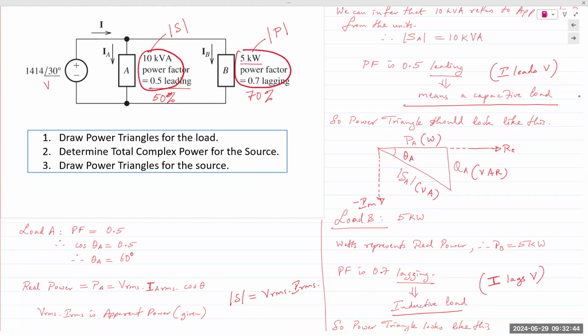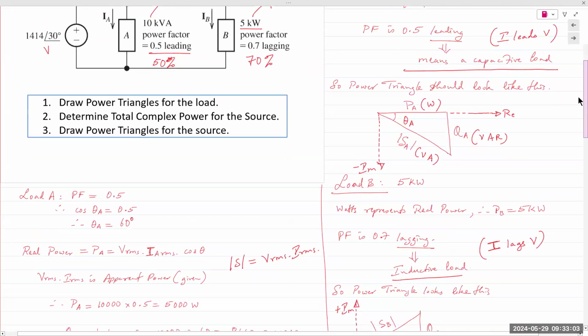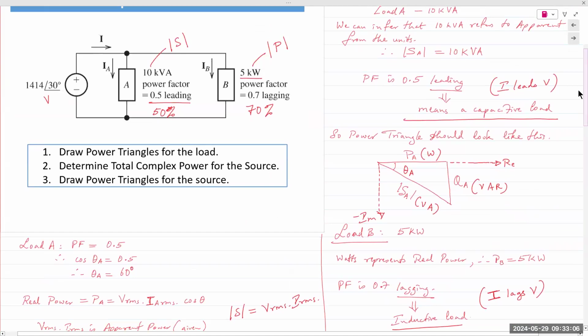It'd be your job to look at the information that is presented to you and extract as much information as you can. If we take a look at this problem, we are asked to find the power triangles for loads A and B, the power triangles for the source, meaning all 3 power triangles, then to determine the total complex power for the source.